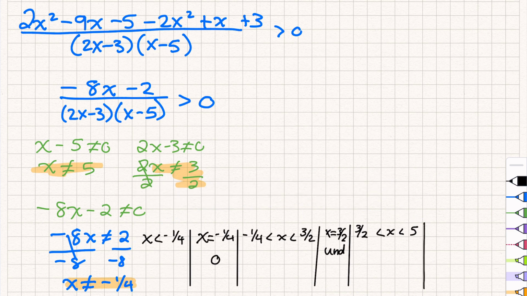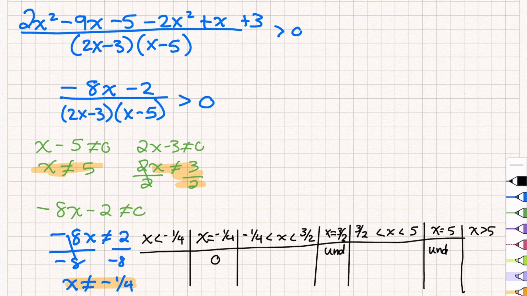We know that at 5, it's going to be undefined. And then we need to check when it's greater than 5. So I'm going to give you a moment to check those. Remember, you could use any value as long as it's in the interval.